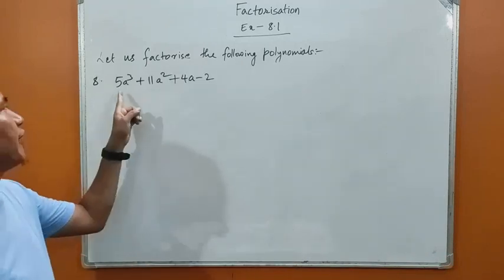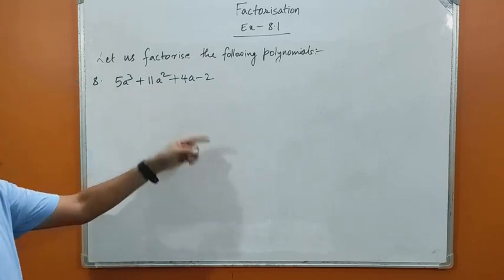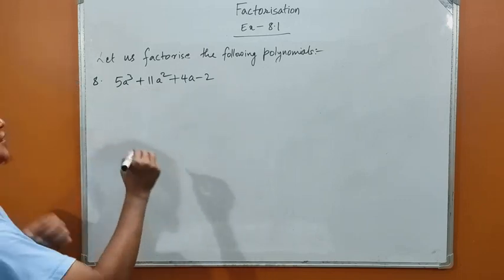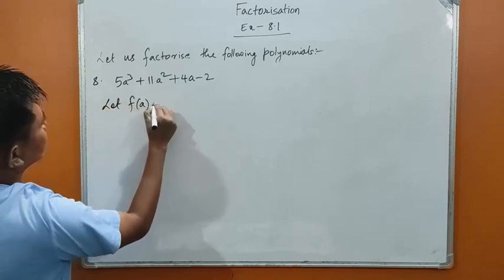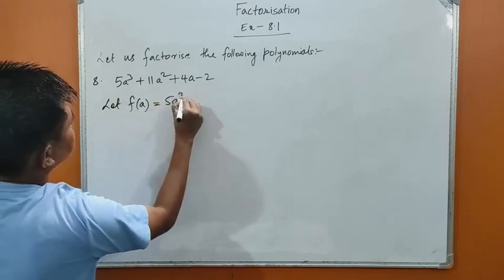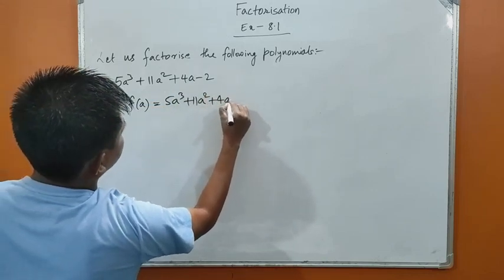Okay, 5a cube plus 11a square plus 4a minus 2. This is the polynomial given to us. Let us factorize this. Let f(a) equal 5a cube plus 11a square plus 4a minus 2.